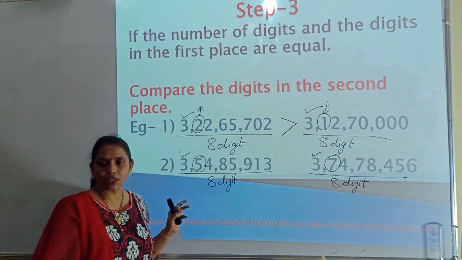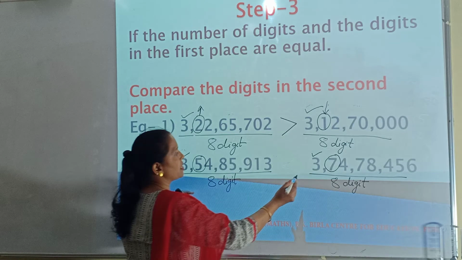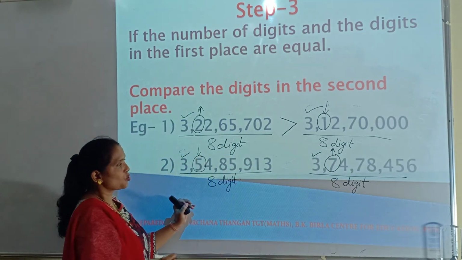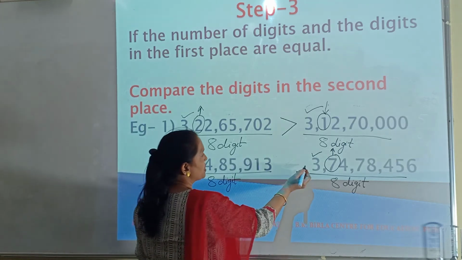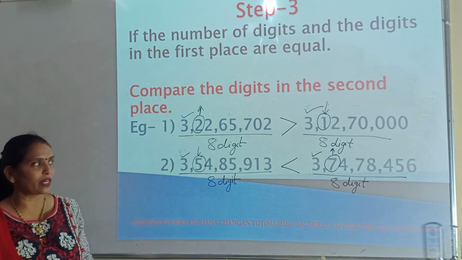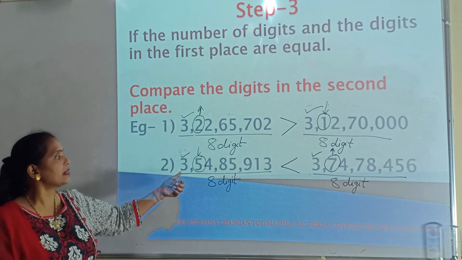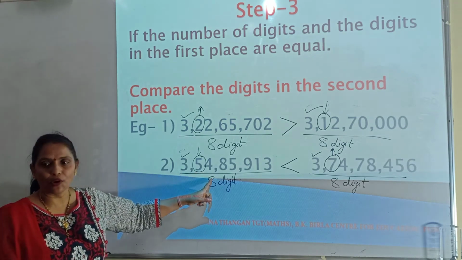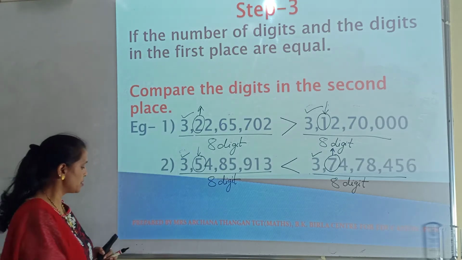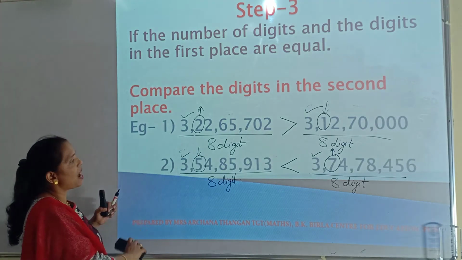Which digit is greater? This 7 is greater and 5 is smaller. So which number is greater? Obviously 7 is greater than 5. So 3 crore 74 lakhs is greater than 3 crore 54 lakhs. So this is the way we have to check the digits. We have to compare the large numbers.